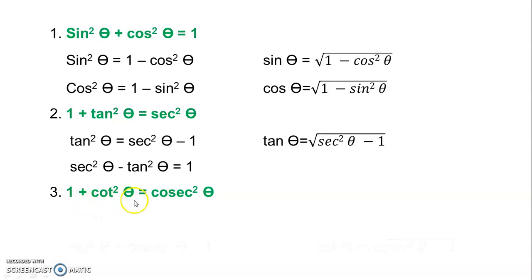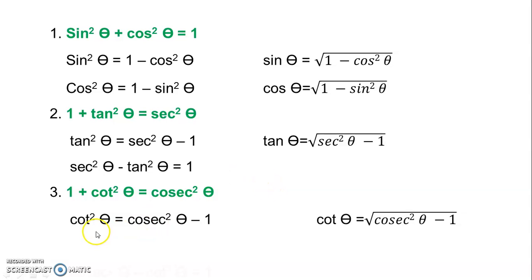Then your 1 plus cot square theta is equal to cosecant square theta. So from this we can write cot square theta is equal to cosecant square theta minus 1. So cot theta is equal to square root of cosecant square theta minus 1. And your cosecant square theta minus cot square theta is equal to 1.